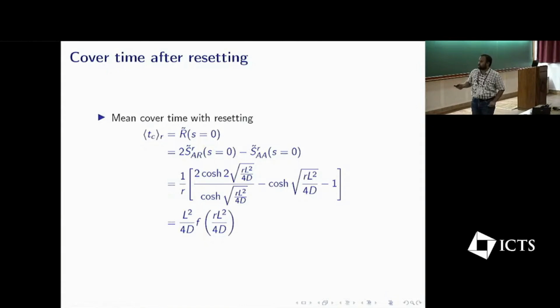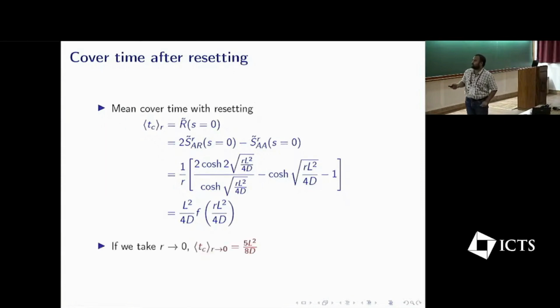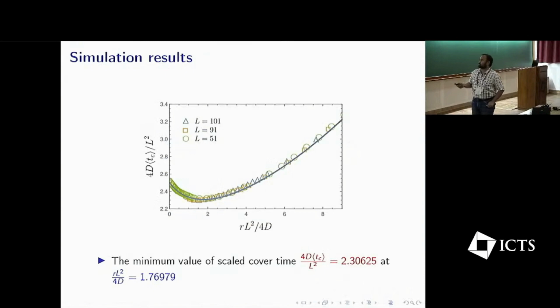This universal rescaled rate gives a function, and if you plot this function with the simulation values, you will find a universal expression for all the L's, whether for different L.